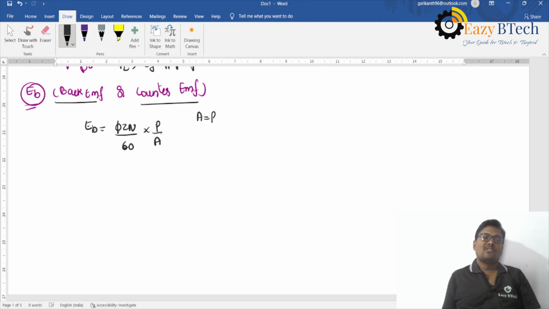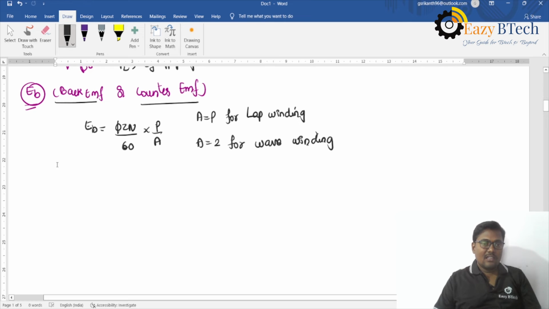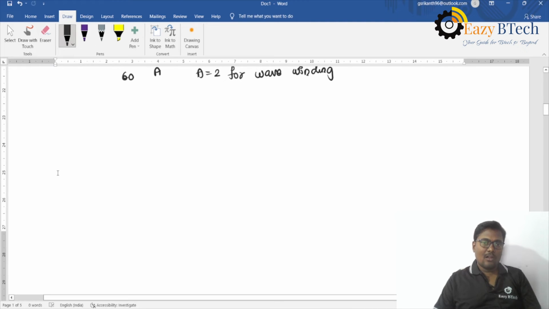A is equal to P for lap winding and A is equal to 2 for wave winding. In a generator we call it the generated EMF, but in a DC motor we call it the back EMF or counter EMF. That is the importance of the EMF.